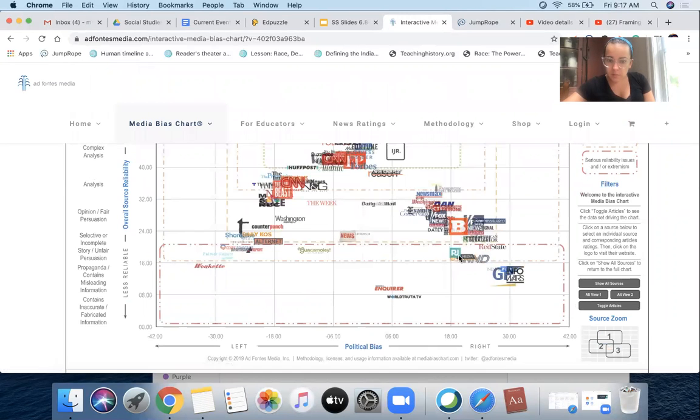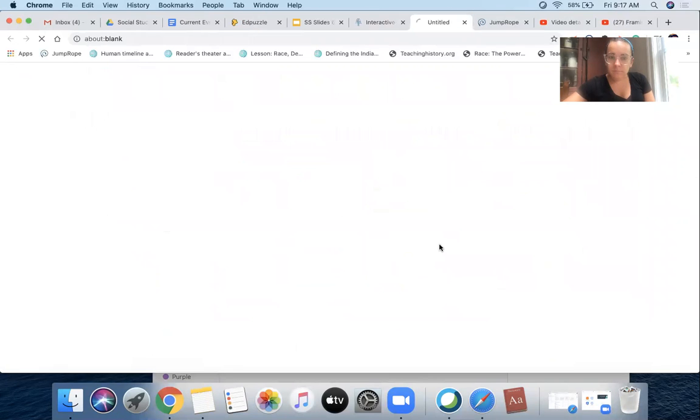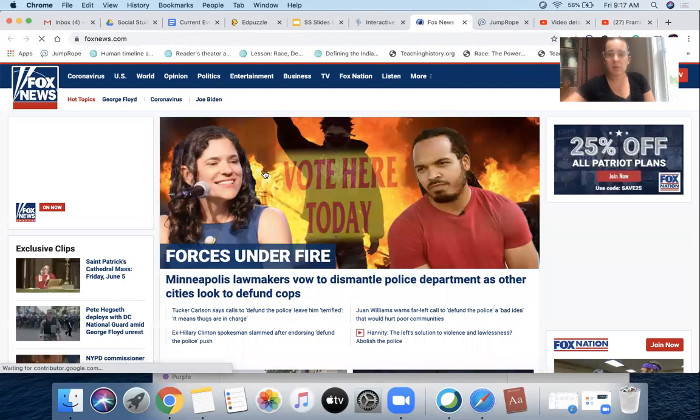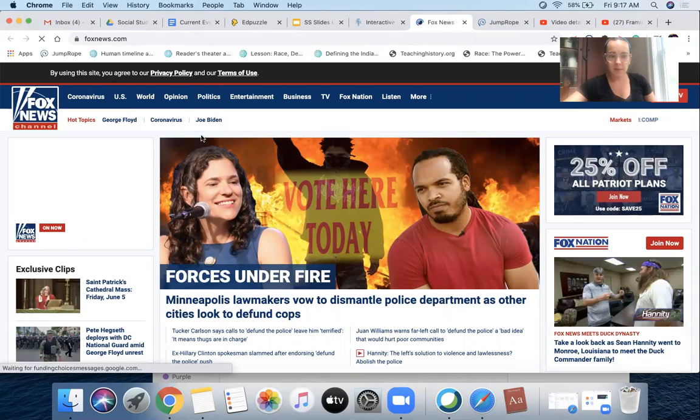If you click on one of the sources, you can then have it open up, and you'll be able to go to their website. So you'll open 2 sources that are on 2 different sides of the spectrum.